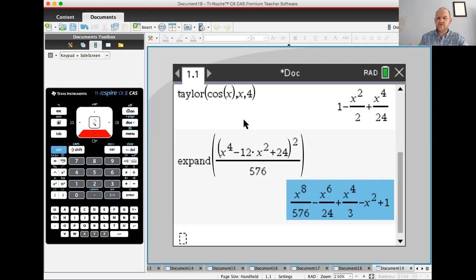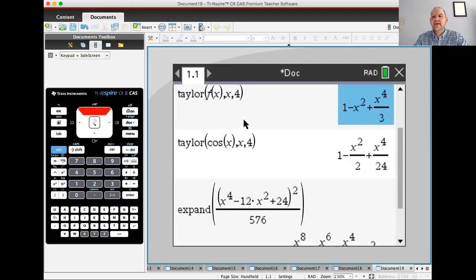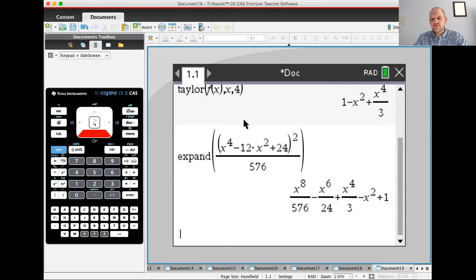The problem with a Taylor polynomial is that if you keep adding terms, are you just going to slide everything over 1 every time? No, you always add them at the end, which is why we write them backwards. So 1 minus x squared plus x to the 4th over 3 is what we got.